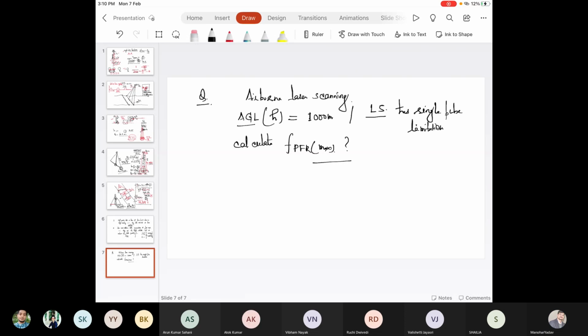So 1,50,000 per second. Okay. So we can say it's 150 kilohertz. Yes, sir. 150 kilohertz. Is it? Yes, sir.